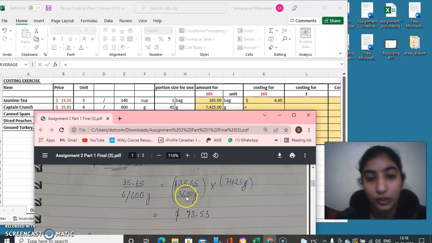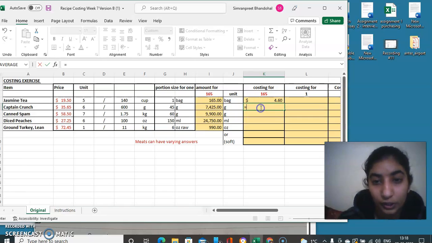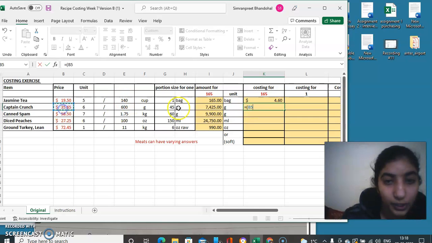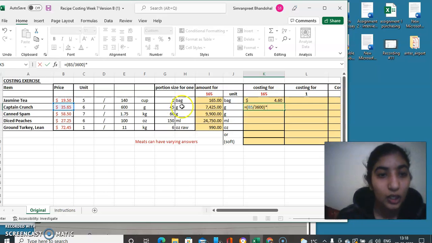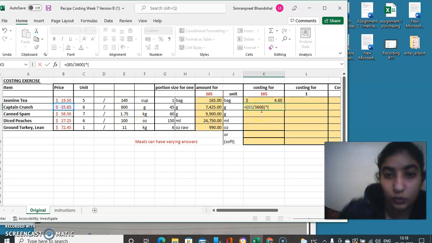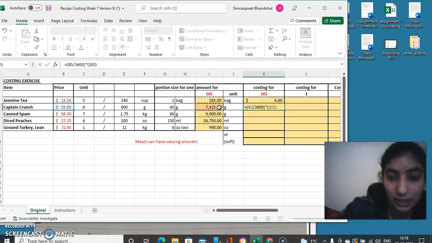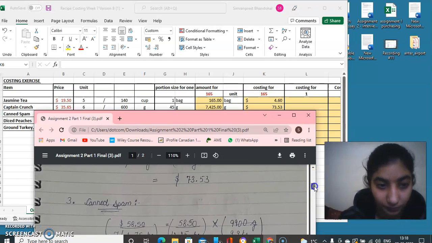This is the whole equation, and then we'll incorporate it into our Excel. So equals, bracket start, price per unit divided by 3600, which we got by multiplying 6 by 600, bracket close, then multiply by, bracket start, the total amount for 165 cell reference, bracket close, and then press enter. The value is the same as the handwritten calculation.